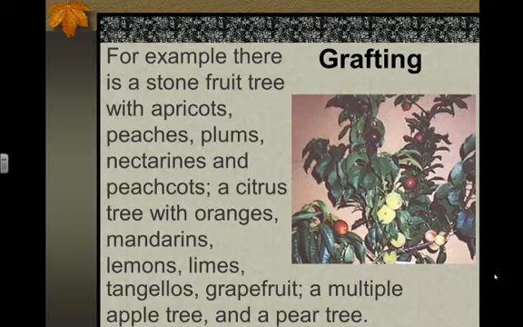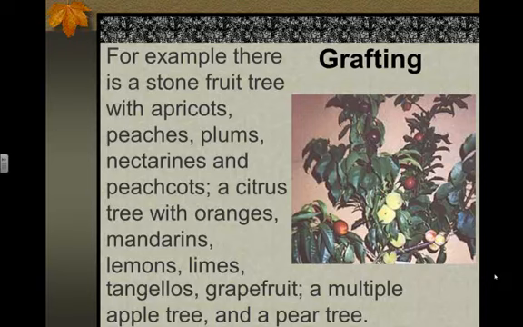For one, they call it the apricot, the stone fruit tree. They have apricots on it, peaches, plums, nectarines, and peachcots, all on one tree. So you plant one tree, you can get all that various fruit. How did they do that? Well, they went to an apricot tree and grafted a branch from it to the stalk.